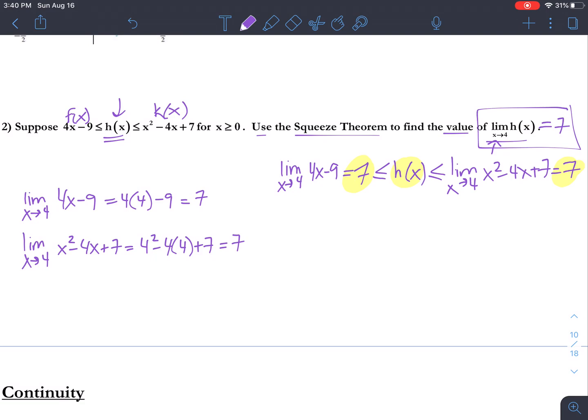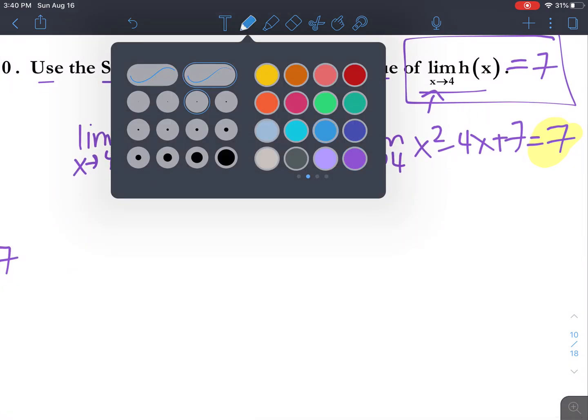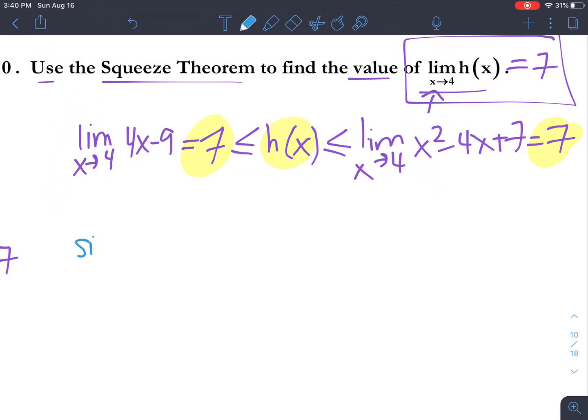Just for formality's sake, and because we're learning it today, I'm going to write down the sentence, because sometimes it does say justify and we want to be able to write down a justification here. So let me write the justification. Here's what we would write.